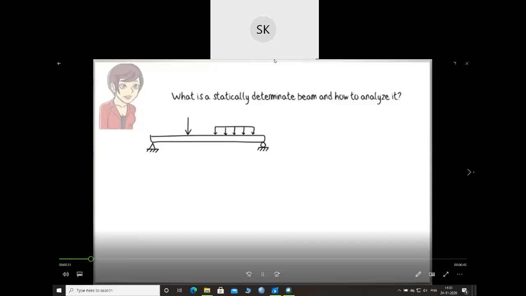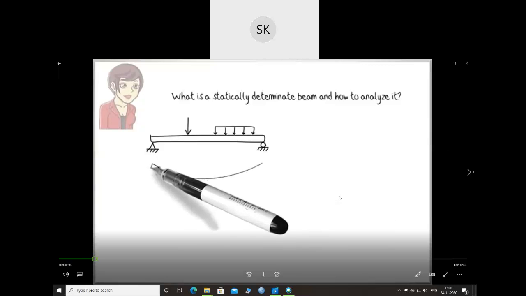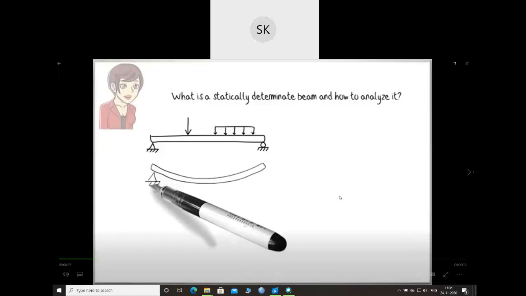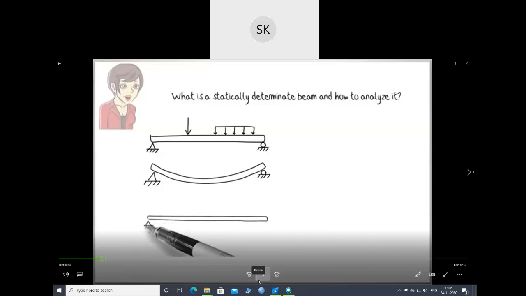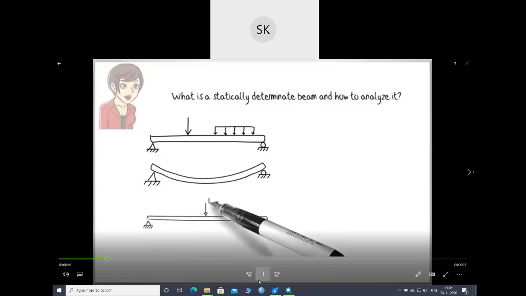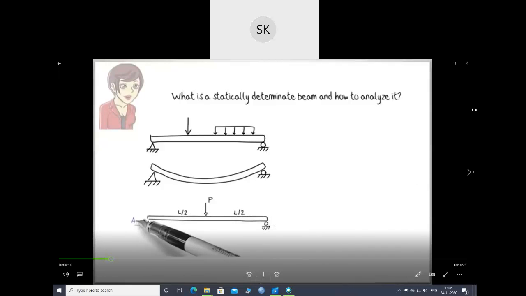Such a member is called a beam because the loads cause it to bend, like this. The analysis of such a beam involves calculating its support reactions. In this example, beam analysis entails calculating the three support reactions, AX, AY, and BY.